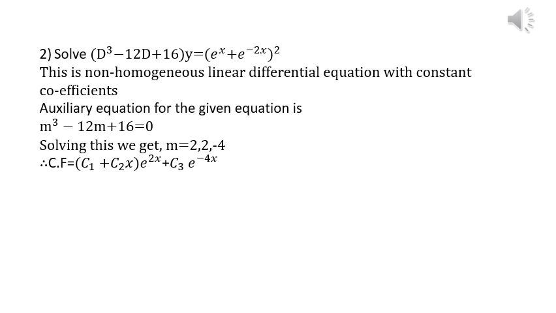Is it clear? This is a little lengthy problem. I repeat, on the left hand side of the equal sign D³ − 12D + 16 into y, on the right side (e^x + e^(−2x)) whole to the power 2.